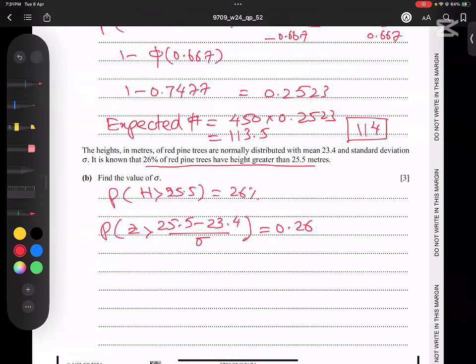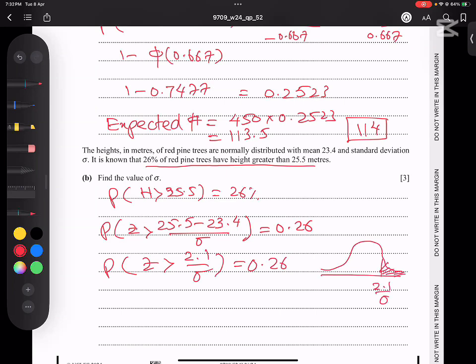Okay, students, let's have a look now. If you subtract 25.5 minus 23.4, I get 2.1. Let me check again, 25.5 and 23.4. Yeah, so this value turns out to be 2.1 over deviation equal to 0.26. This is a positive number, 2.1 over deviation.